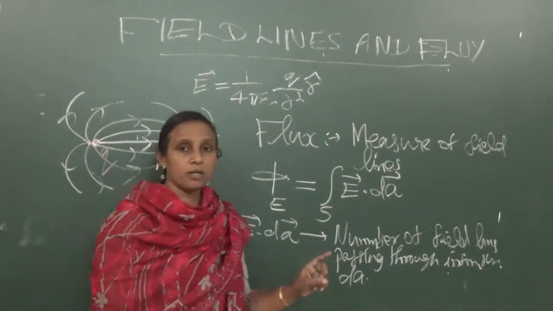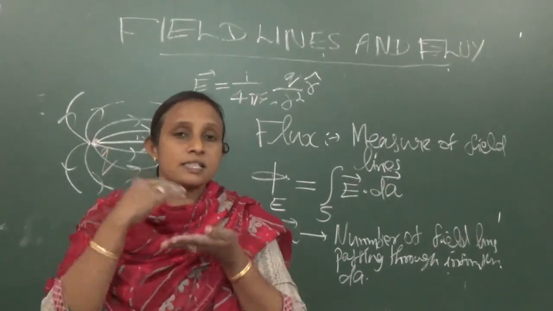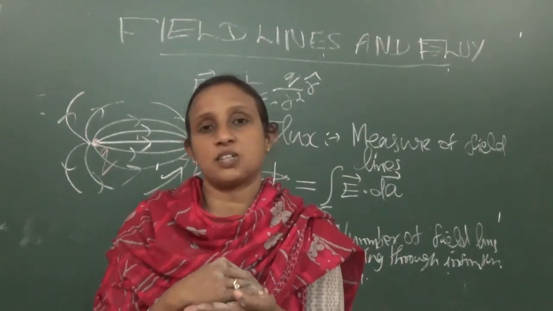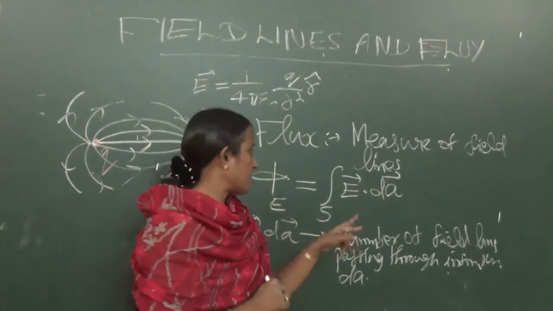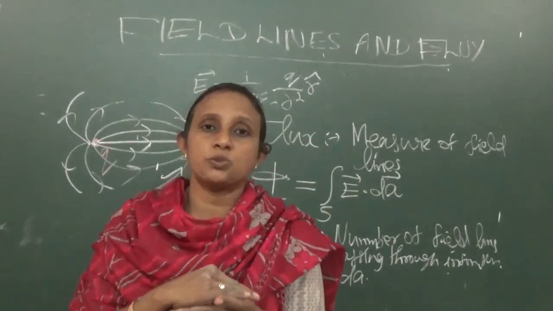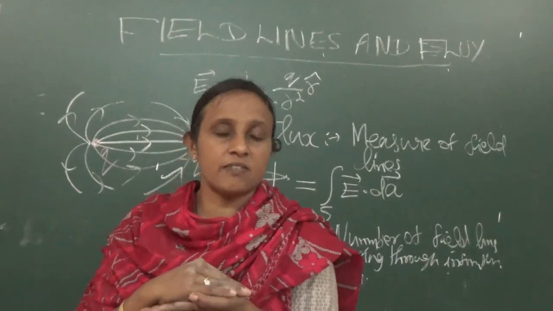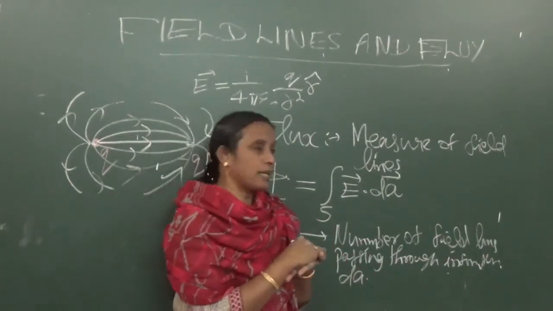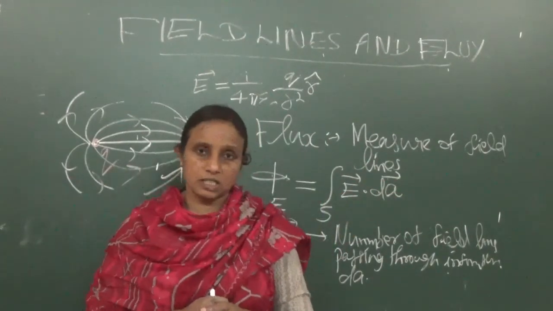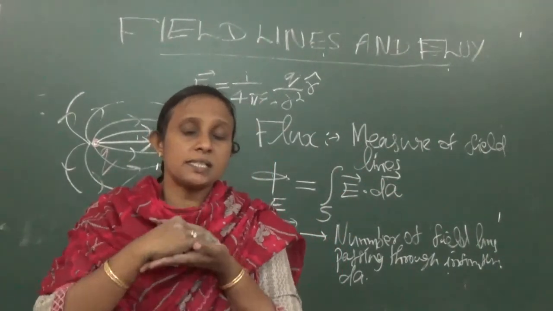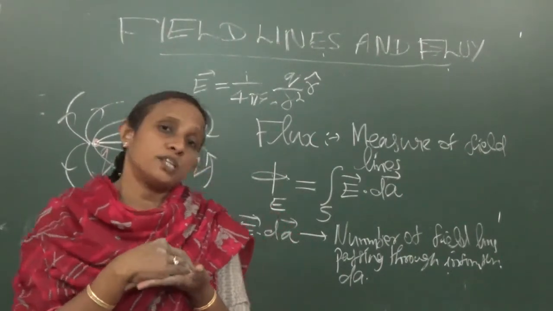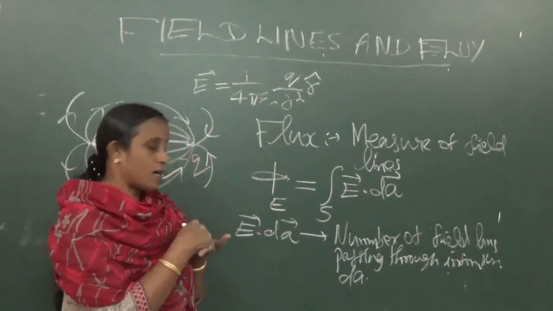Here you can remember one more thing. This area is considered as perpendicular to the electric field. Because you know that we take here a dot product. The direction of the area vector is always perpendicular to the area. So this vector should be oriented along the direction of the electric field. Okay, so we consider the area such that the plane is perpendicular to the electric field. Now what happens?